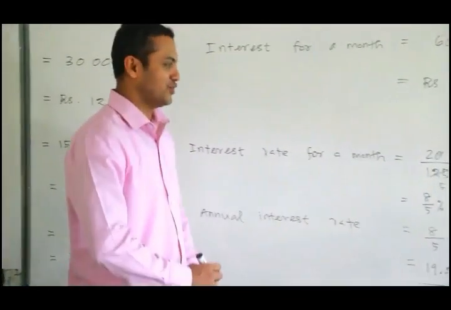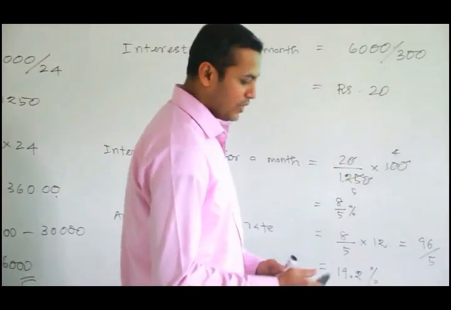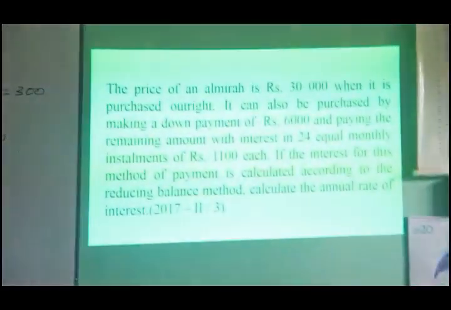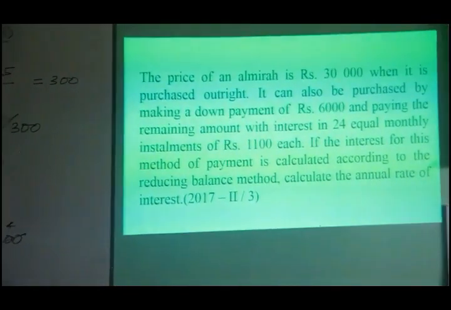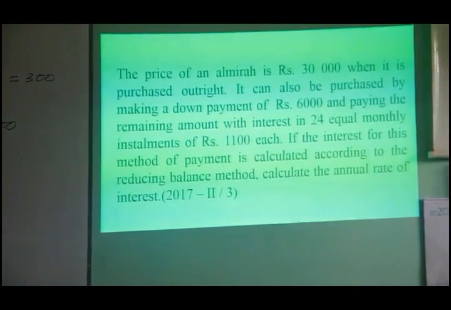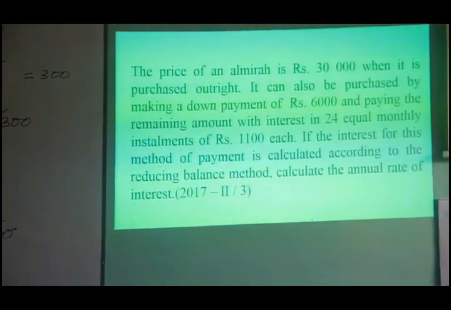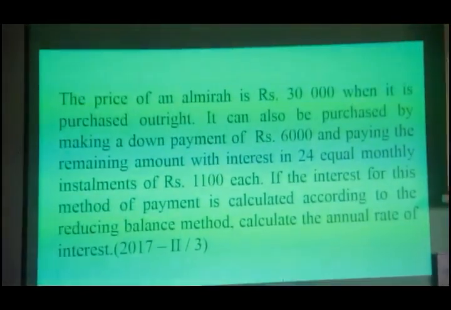Okay? Hope you understood. We'll do another question. Look at this question. It's a past paper question. It's not in the textbook, but you can refer to your past paper. The price of an Almirah is rupees 30,000 when it is purchased outright.